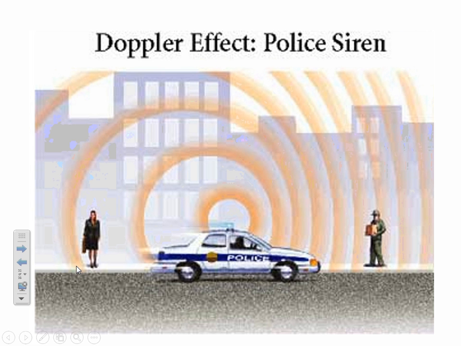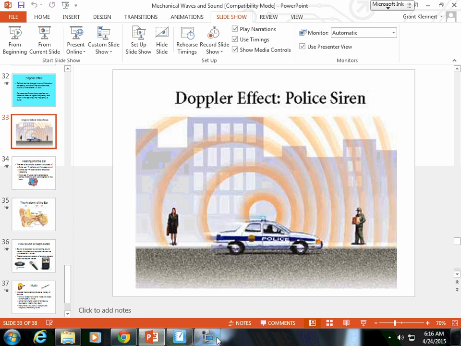It's zoom, zoom, zoom. That zoom is much lower frequency than the zzz up top. So when sound is approaching you, it's going to make a high-pitched sound. When it's moving away from you, it's going to make a low-pitched sound.